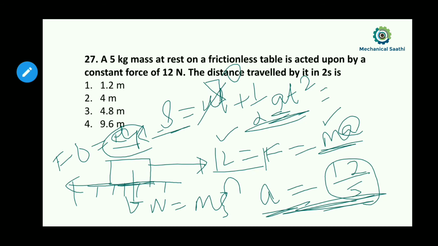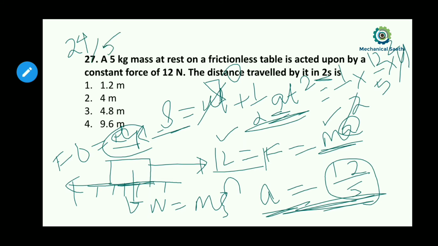So if we put that, I can write 1 by 2 into 12 by 5 and t square. t is given as 2 seconds, so t square is 4. Let us now calculate this value. The 2 can be cancelled, so that will be equal to 12 cross 2, which is 24, divided by 5.